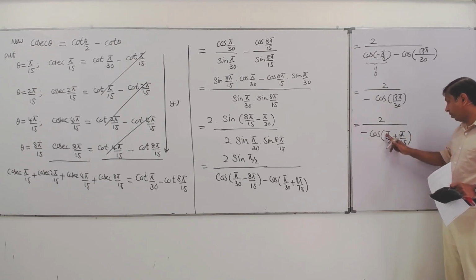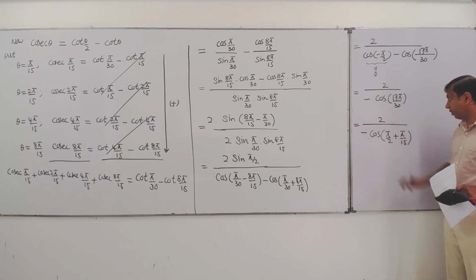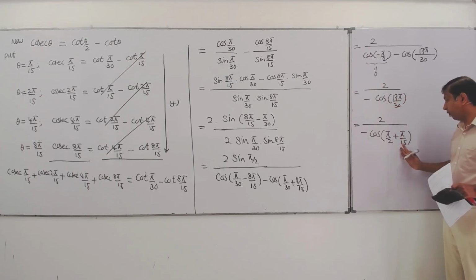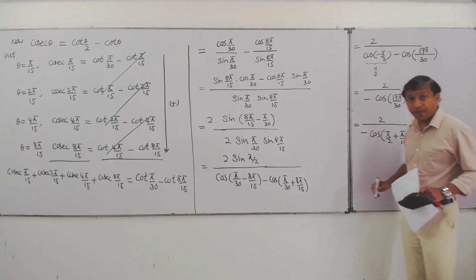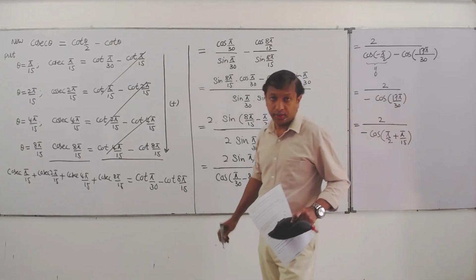This 15 comes in here, 2 comes in here. 15 pi plus 2 pi, 17 pi, this is coming. Alright. Then this 17 pi over 30 angle here we have. Now assume this pi by 15 as theta. Cos (90 plus theta) form here we have.